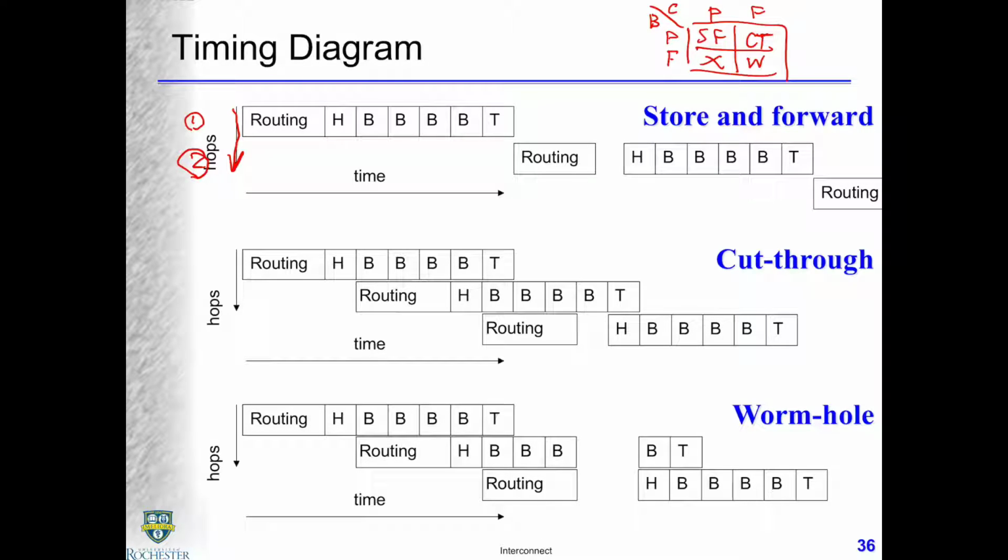As time goes by, certain things start to arrive, and at node 1 you start to route. After some time you decide, okay, I'm going to node 2, and you send the entire packet, which contains a header flit, a tail flit, and a whole bunch of body flits.